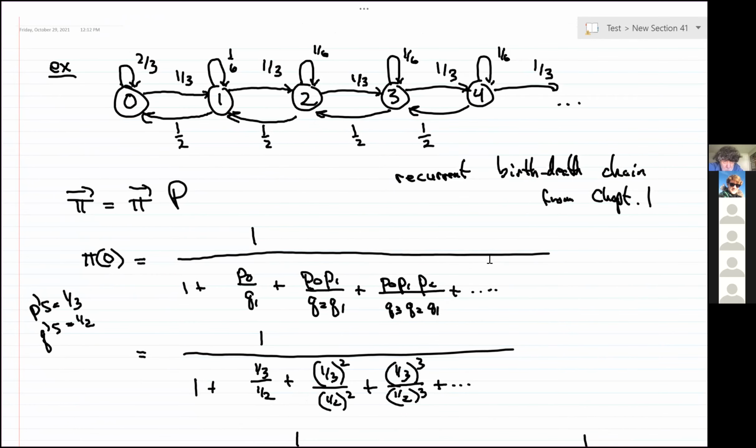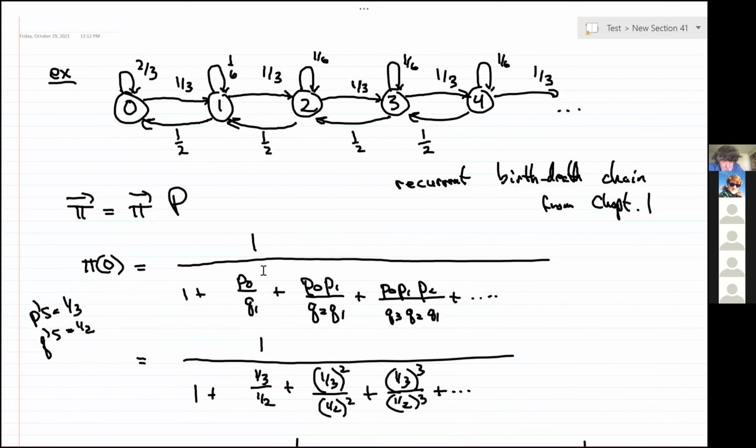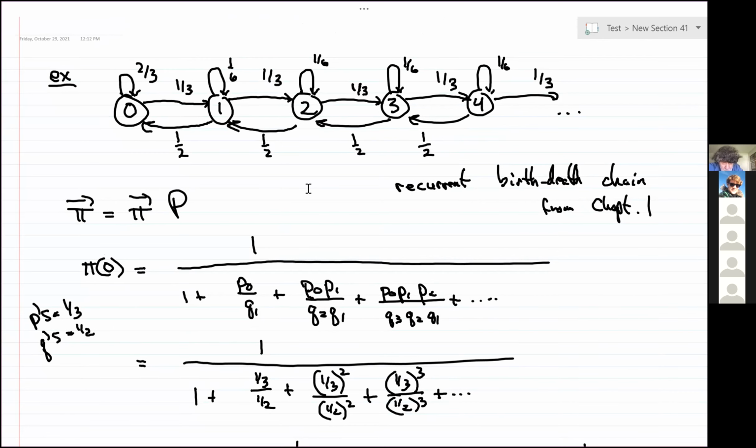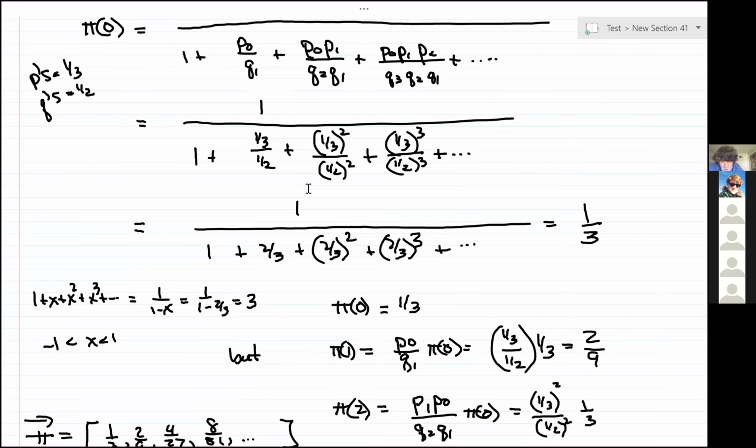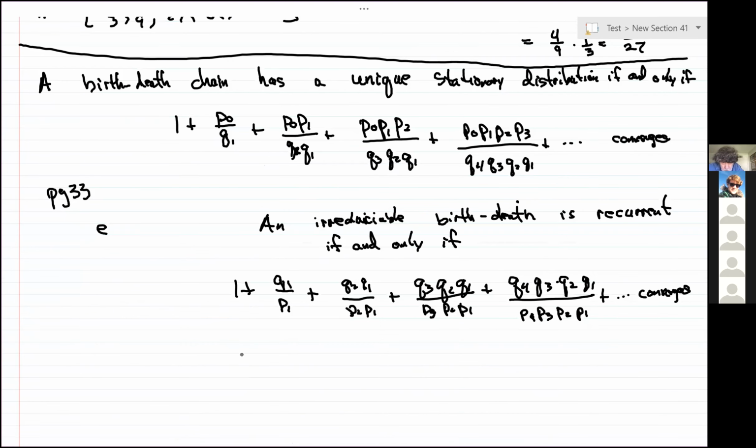The P's were originally a third and the Q's were a half. So if the P's are a third, this would look like 1 plus a half over a third. And this would look like a half squared over a third squared.